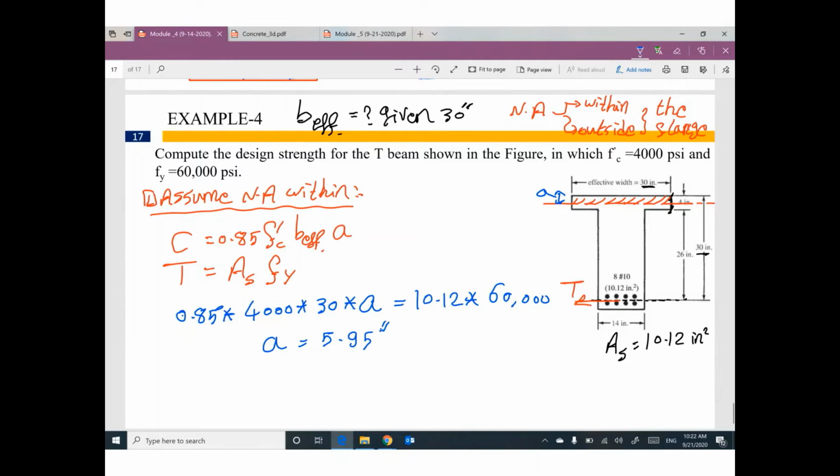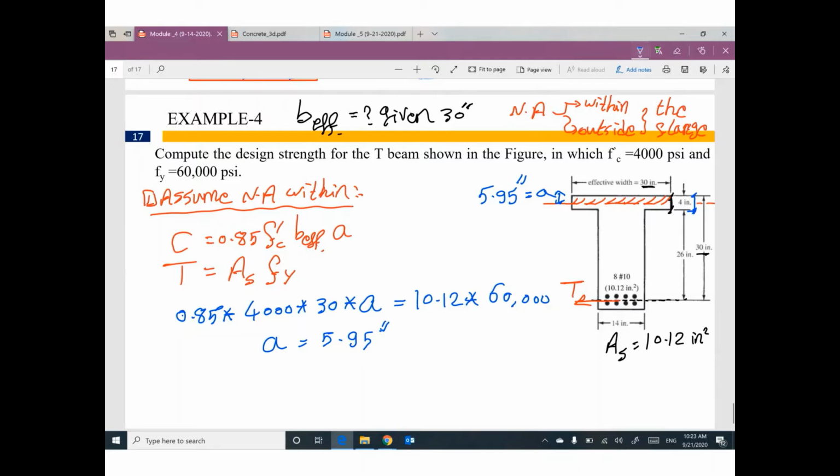Can you see something? This distance equals 5.95 inch. It doesn't make any sense because the total thickness of the flange is 4 inch.